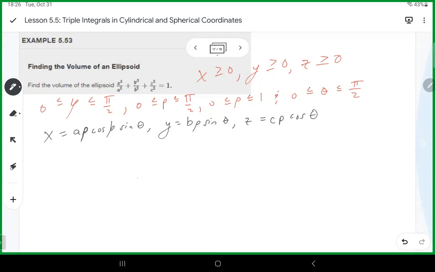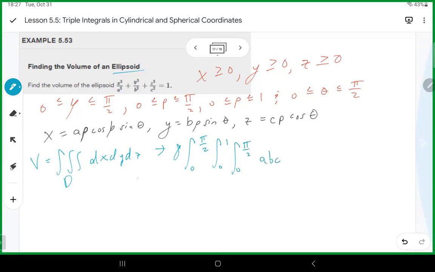So then the volume of the ellipsoid, and then we're going to pull out our 8abc.